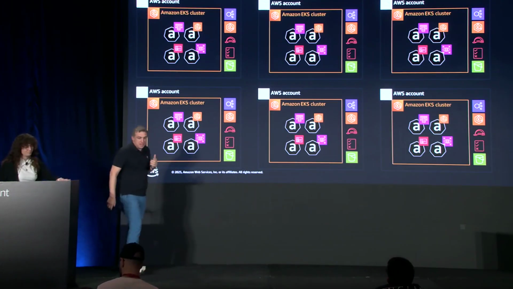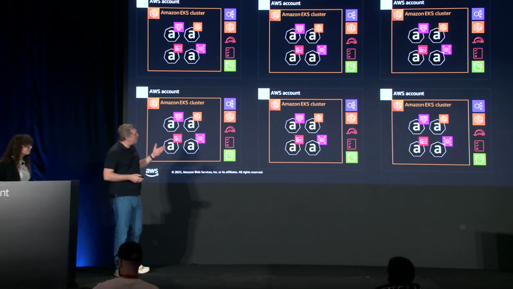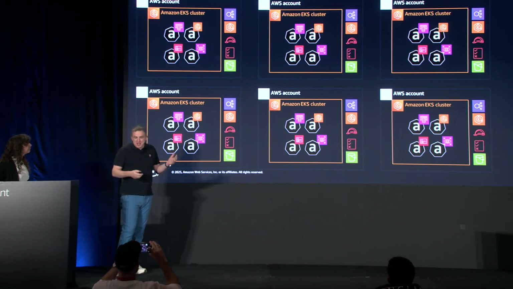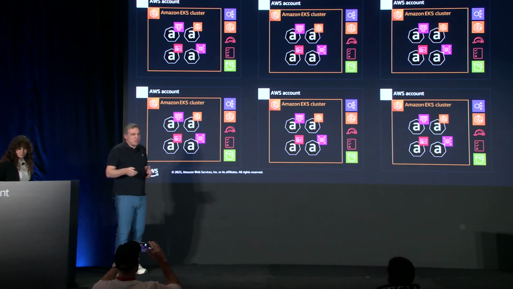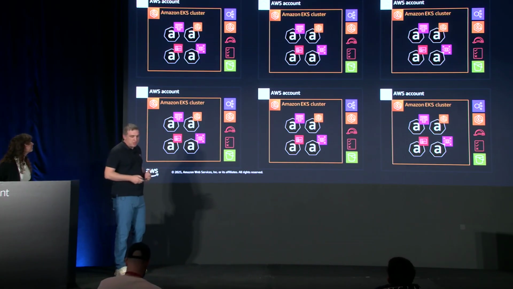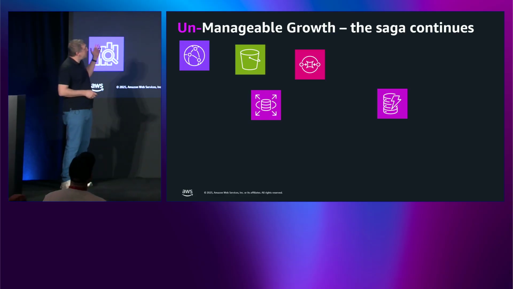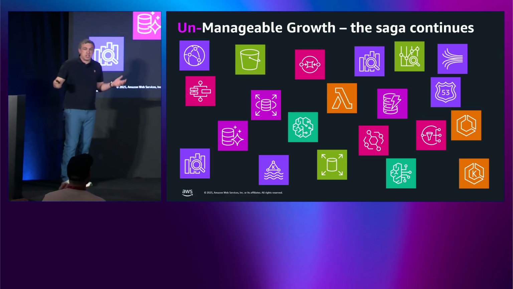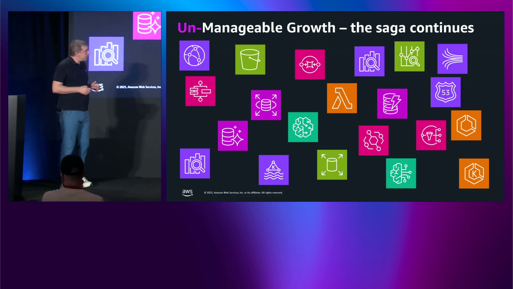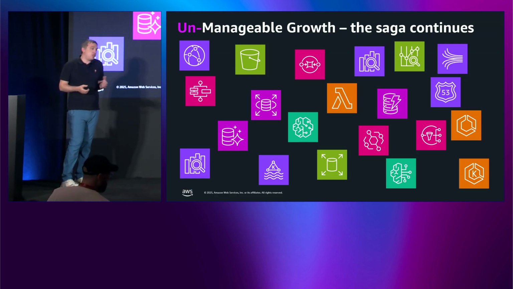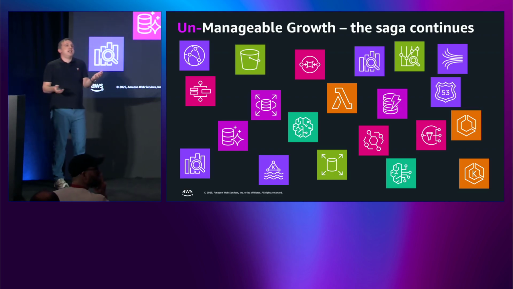I think in reality, it looks more like this: multi-region, multi-environments, like development, testing, production. So you have a lot of stuff. And this saga continues. So you have organization scale, more tools, more resources, hundreds of clusters, and it's not specifically with ACK tools, right?